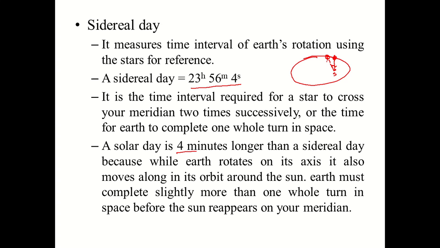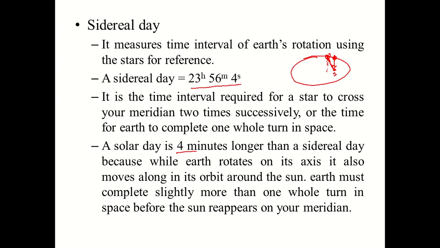So the person at this meridian will not see the sun. To see the sun, the Earth must rotate a little more, so that the meridian reaches this line. So when the meridian reaches along this line, this person standing on the meridian sees the sun over his head.